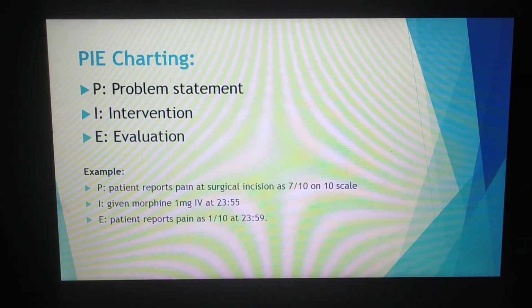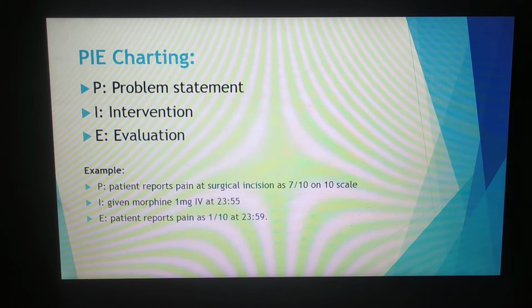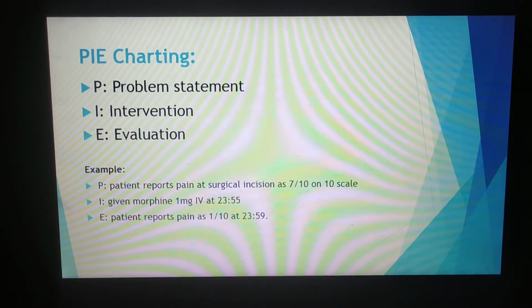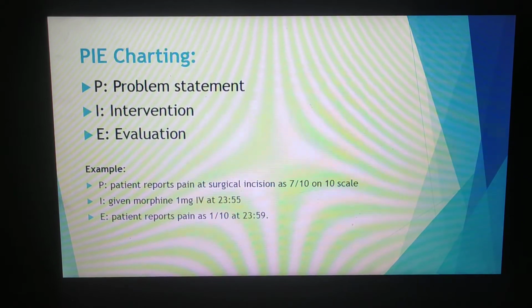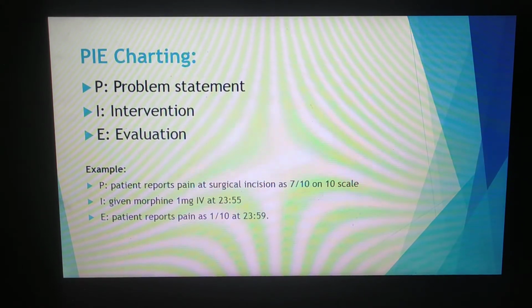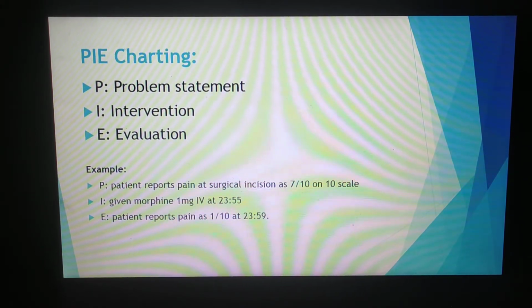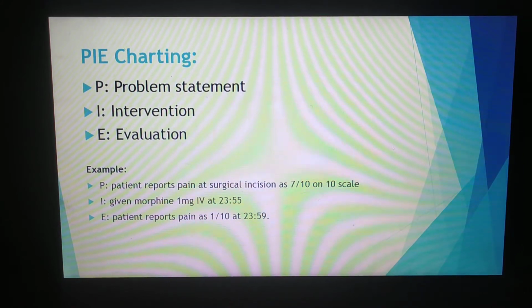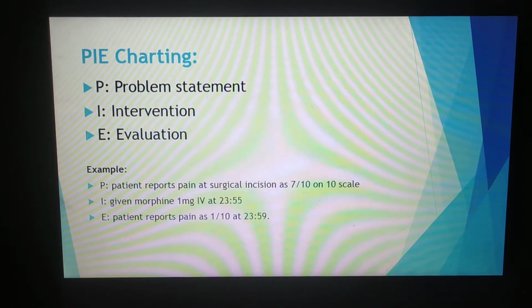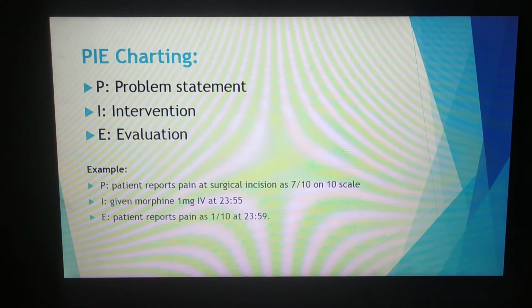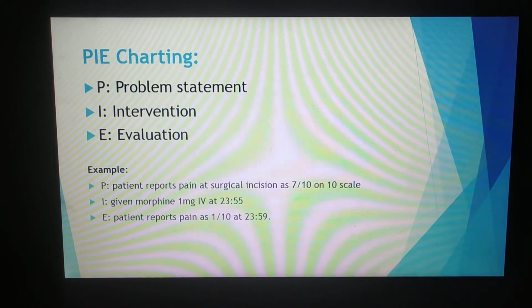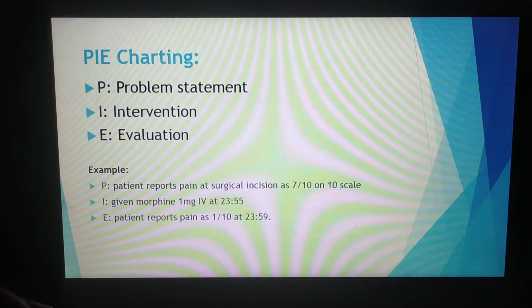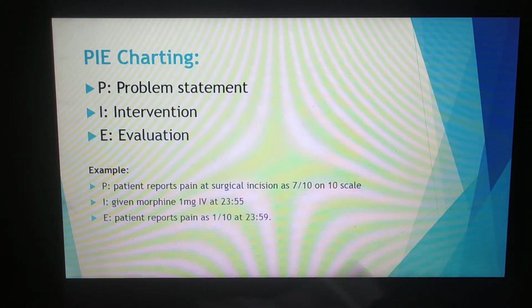Intervention includes giving morphine 1 mg IV at 11:55. Morphine is a painkiller, an analgesic drug. The evaluation is that the patient reports pain as 1 out of 10, meaning the pain has been reduced by the client at 11:59.